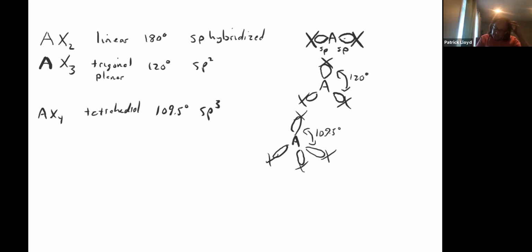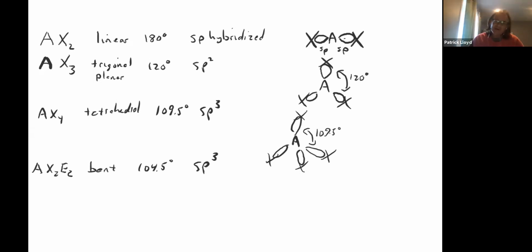Okay. And then, look, if you have lone pairs, so for example, let's say you have AX2E2, that's like water, right? Then it's going to be bent. But remember, bent is 104.5 degrees. So really, it's the same hybridization as you see in the tetrahedral.